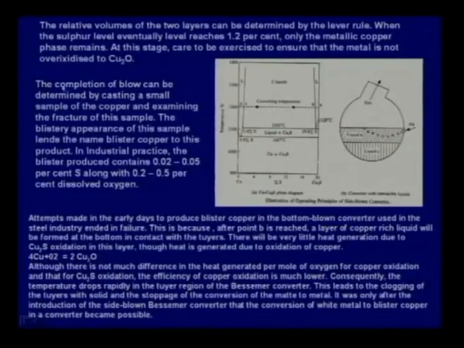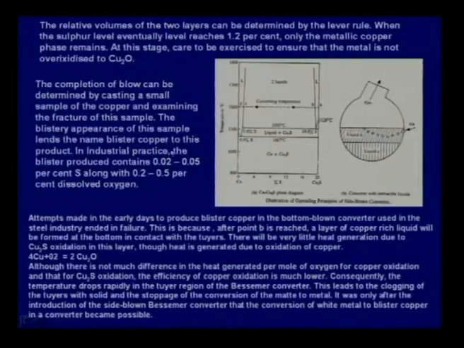The completion of the blow can be determined by casting a small sample of the copper taken from here and examining the fracture of the sample. The blistery appearance of this sample gives the name blister copper to this product.